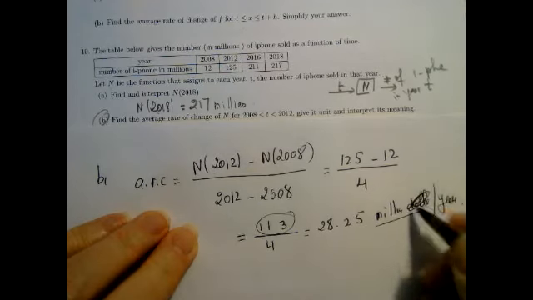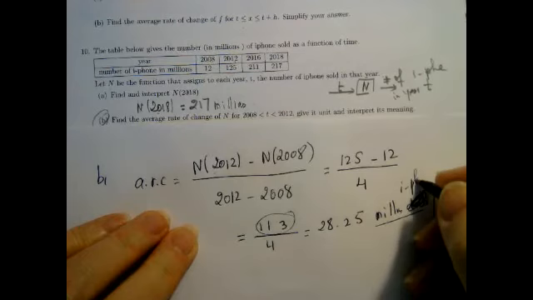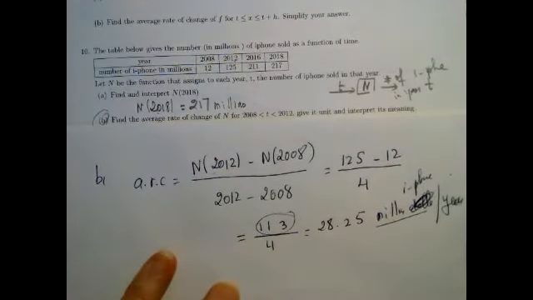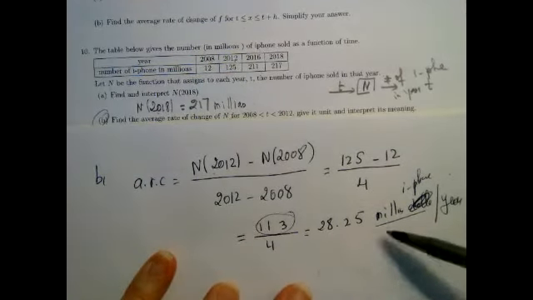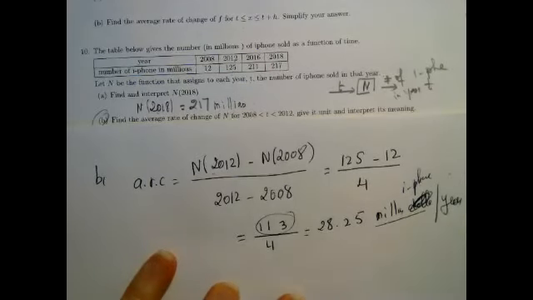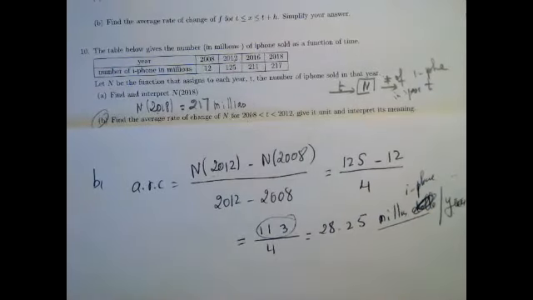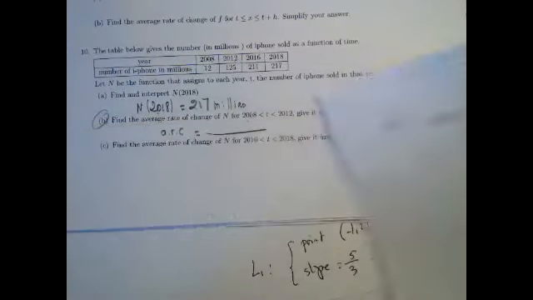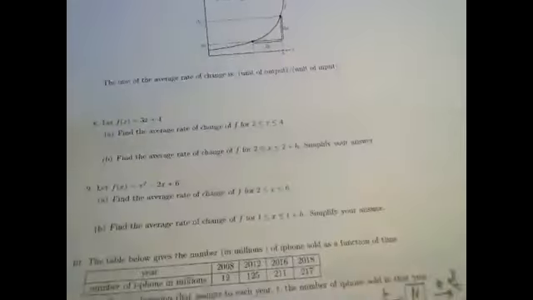Sorry, this is nonsense, you guys should correct me. Million iPhones per year. So the number of iPhones was increasing at the rate of 28.25 million per year. And that's really what the average rate is: how fast things were changing.